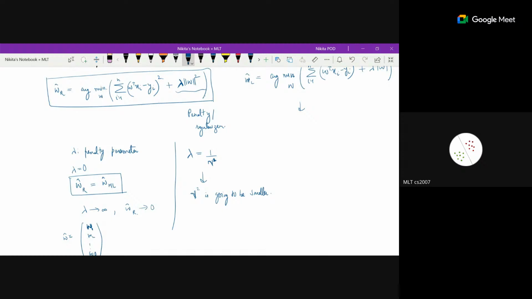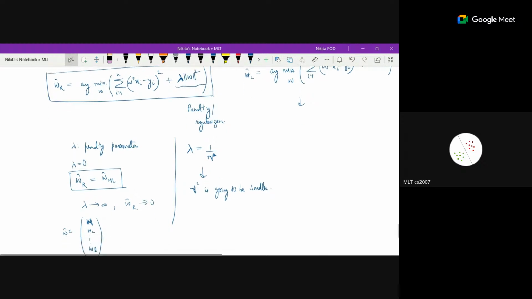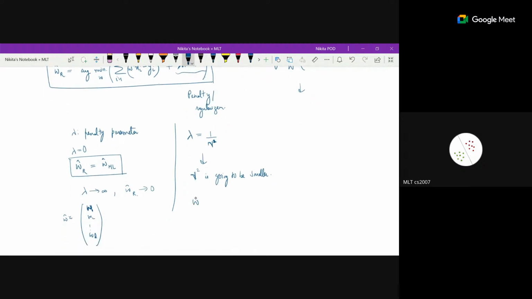And when we found this estimator W hat R, which was (XX transpose plus lambda I) inverse XY, here we had assumed lambda is 1 upon gamma square I, right?